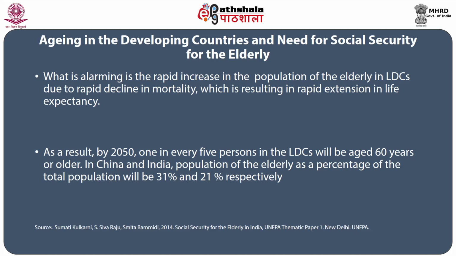In China and India, the population of the elderly as a percent of total population will be 31% and 21% respectively, which clearly shows that the speed of aging is experienced more by developing countries, while the developed countries have already crossed these stages.